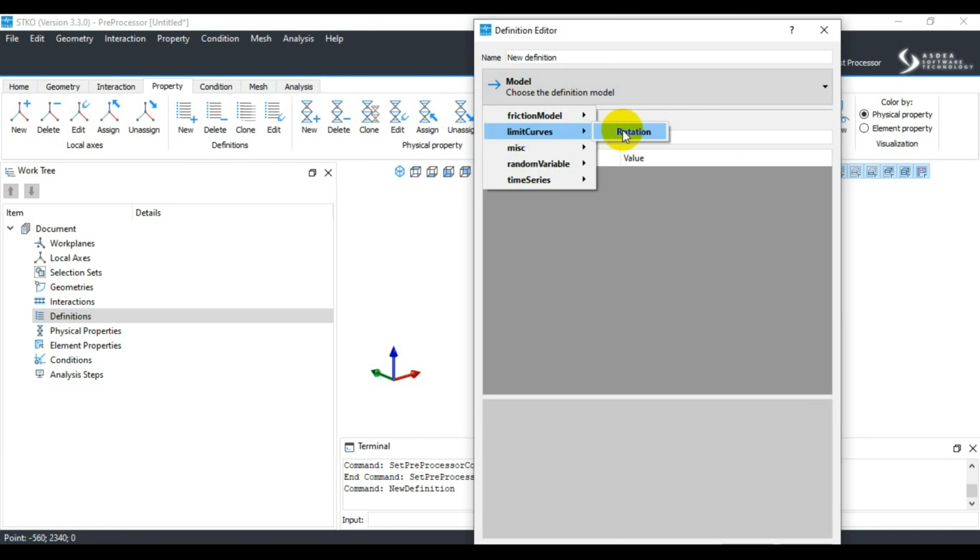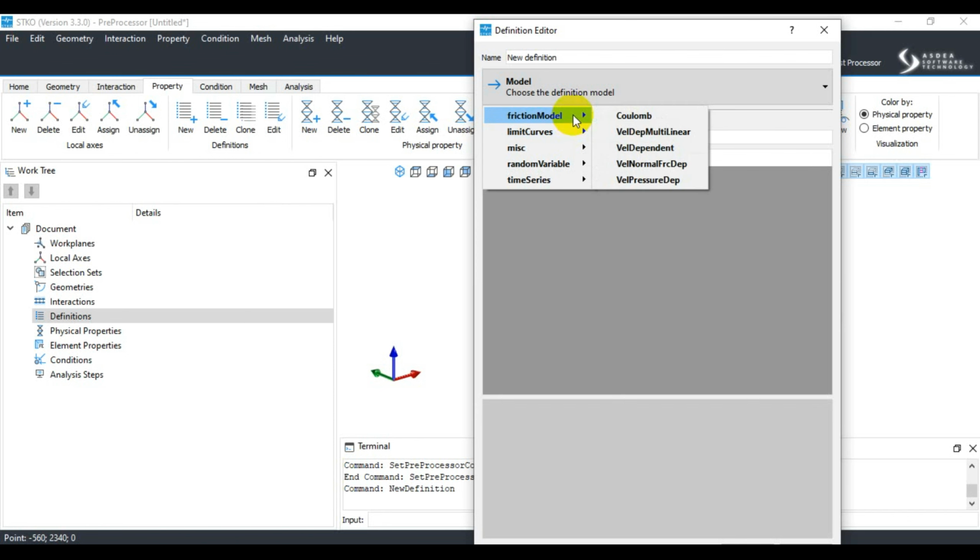lecture. So why the limit curve is included in the STKO, as well as why it is included in the definitions here.